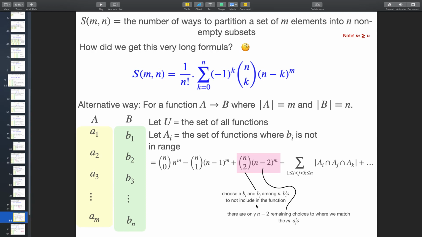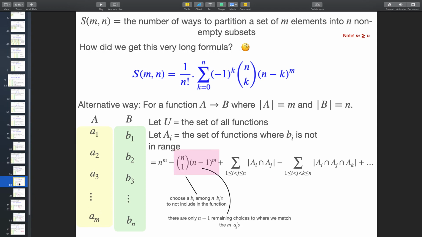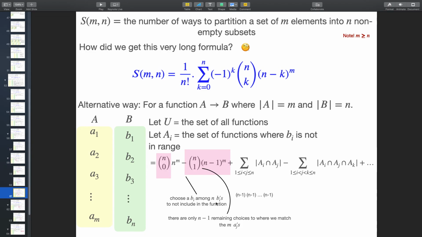Yan. So galing dito, we have to choose a B sub I and a B sub j among the n B sub i's to not include in the function. And once na-decide na natin sino yung B sub I at B sub j na yan, we will be representing a function as choosing among n minus 2 choices for matching the n A sub j's.